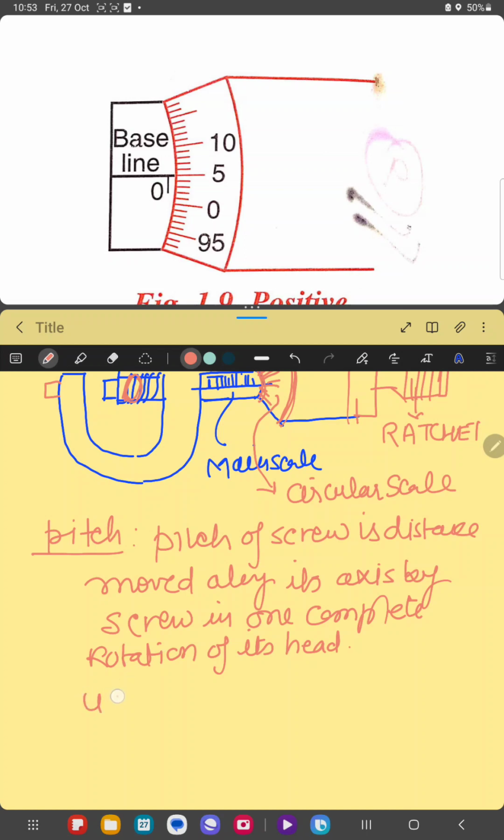Usually the pitch is 1 mm, but you can decide the pitch by the question situation.